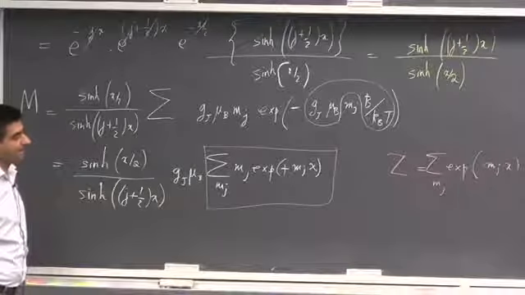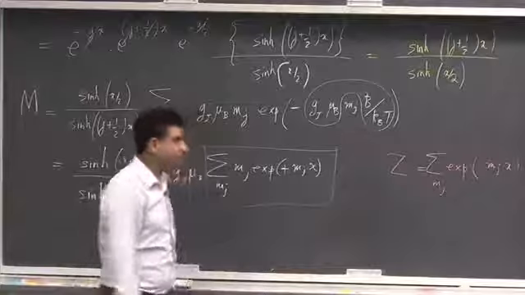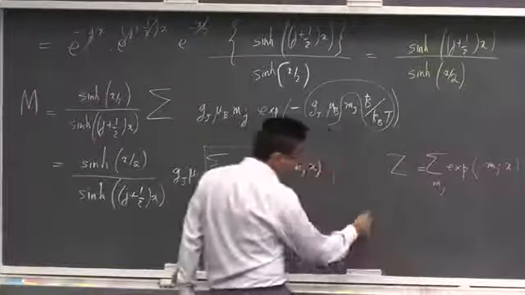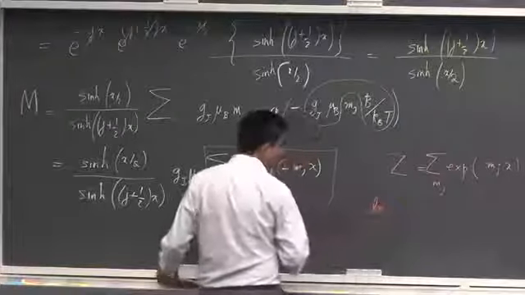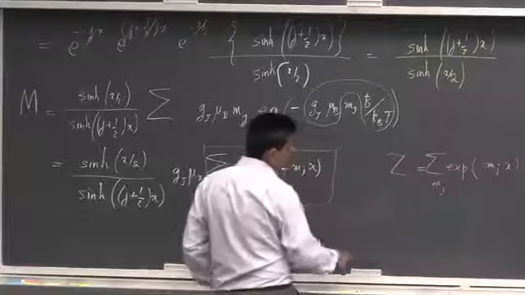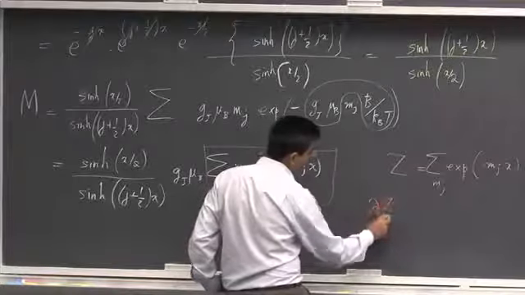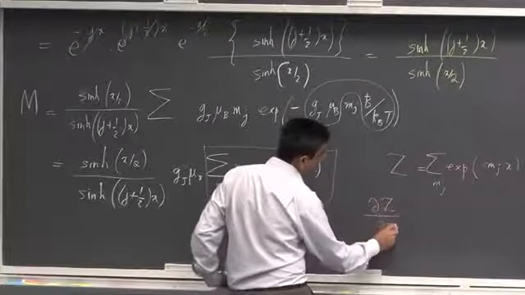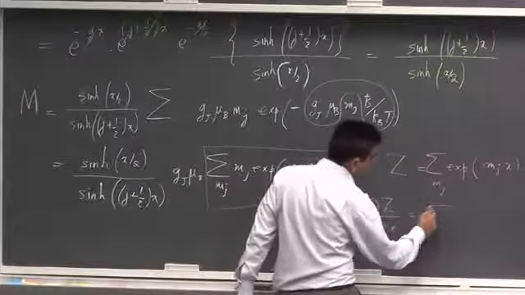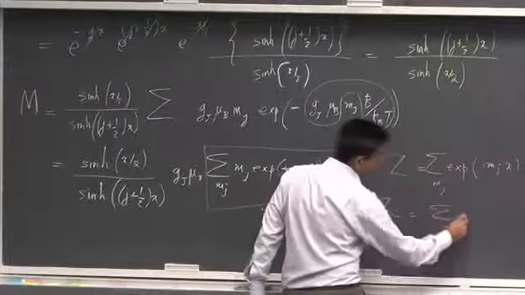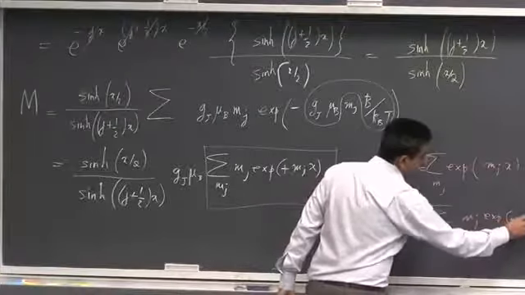If I take the derivative of the partition function with respect to x, it is going to be given by mj exp(mj x), right?